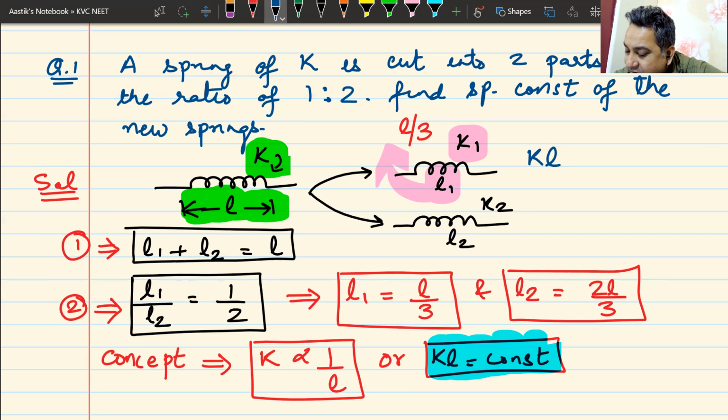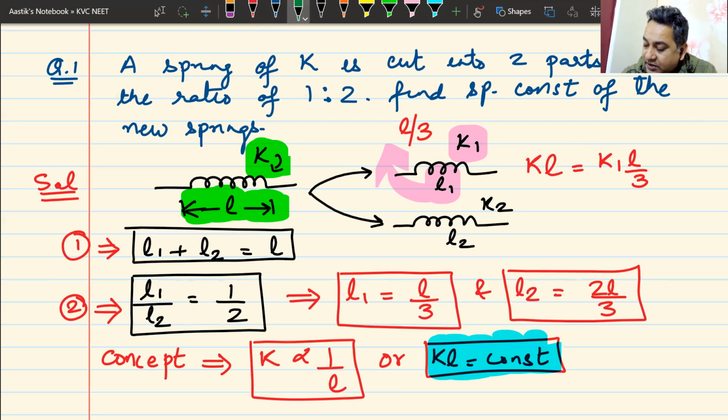Let me use a different color, a red color, that would make it better. K into L, the original spring constant into original length, shall be equal to K1 into L1, and L1 is L by 3. So I just write L by 3.